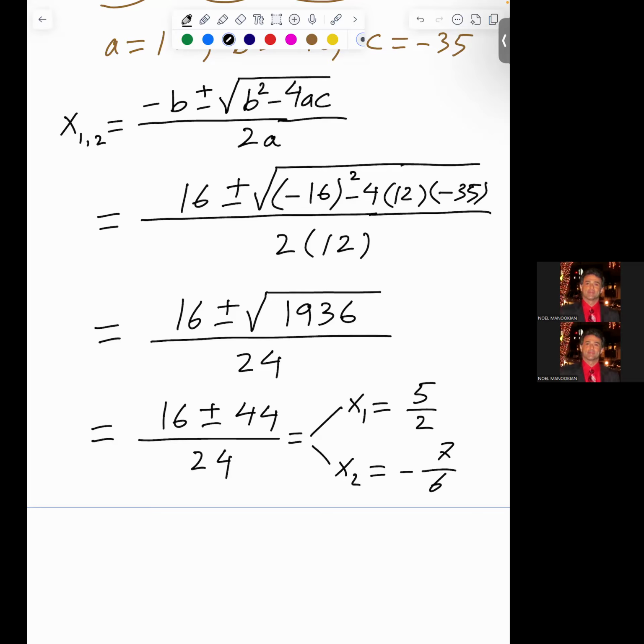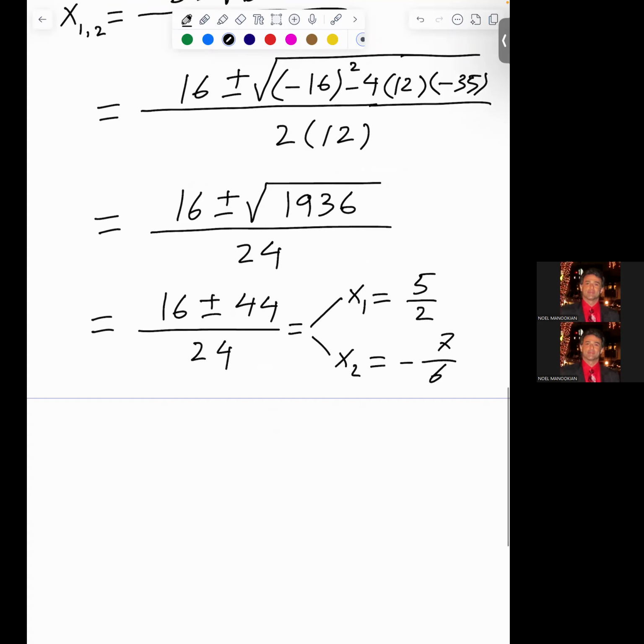So you change the expression to a quadratic equation. You use the quadratic formula to get 2 answers. And now this is the formula that you need to factor it. It's going to be a times x minus x sub 1 times x minus x sub 2.